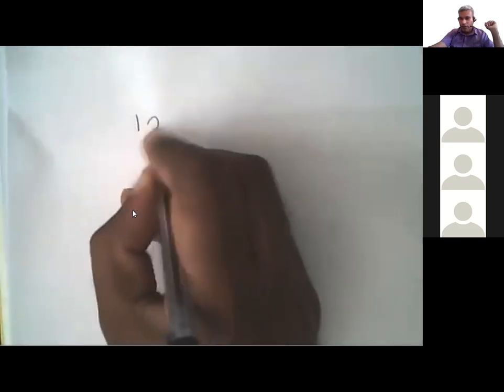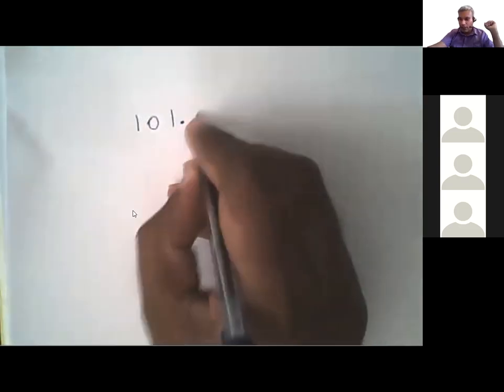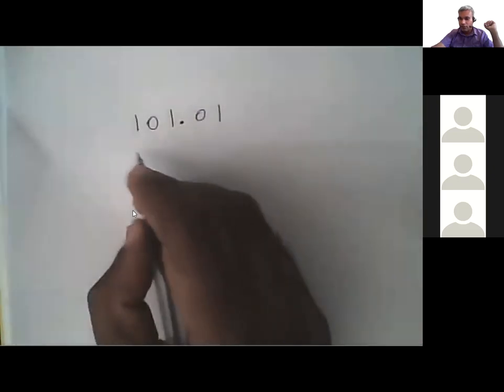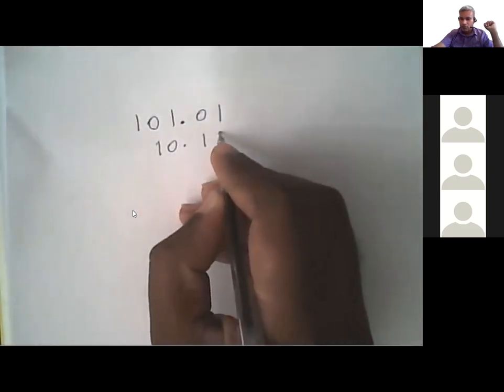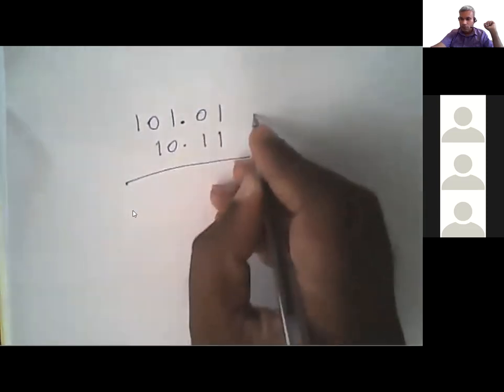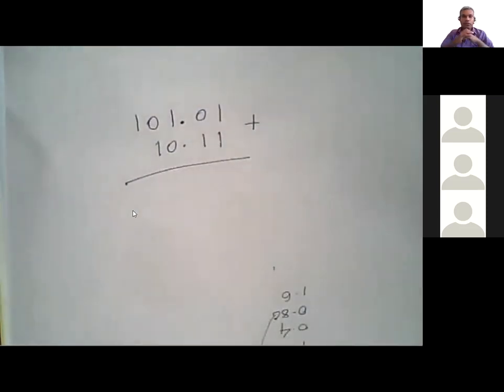Let's do a very simple addition. I want to do it in binary, okay? Don't convert it to decimal and do the addition and convert back to binary. Can you do this addition? And let me know the answer.